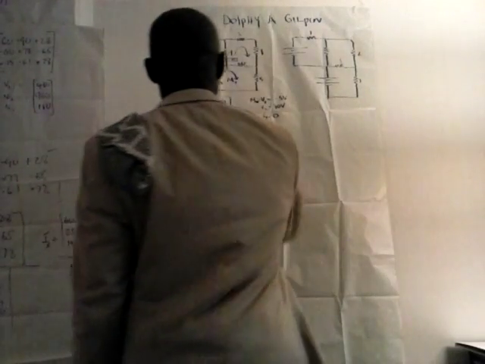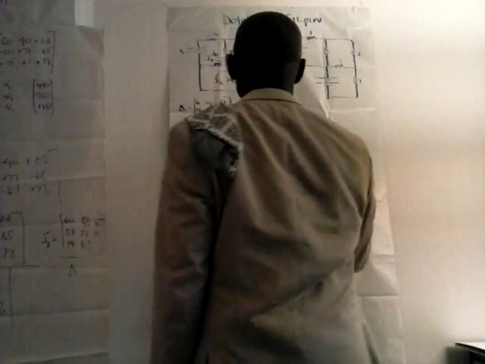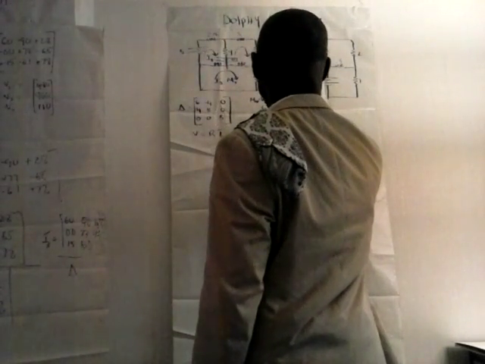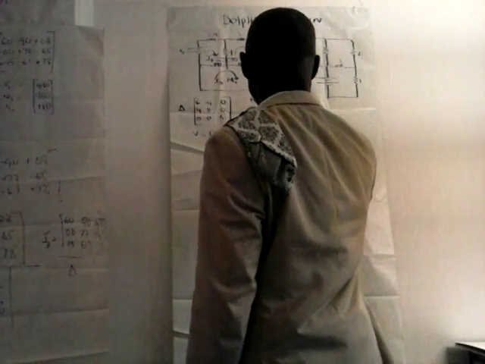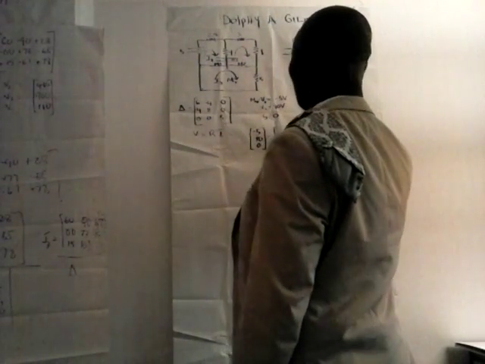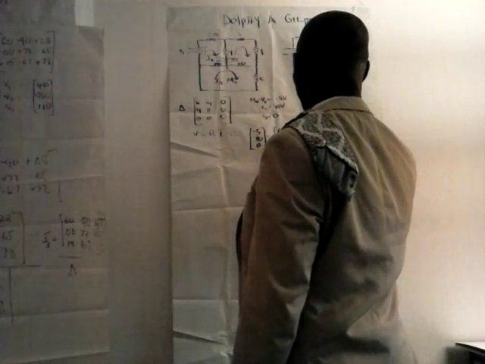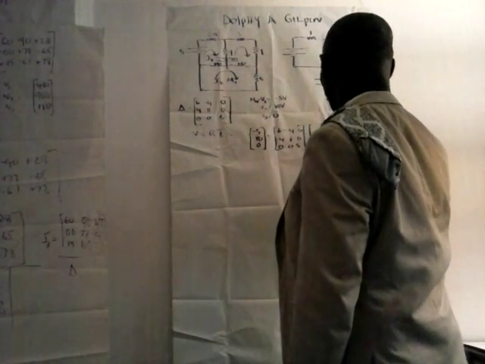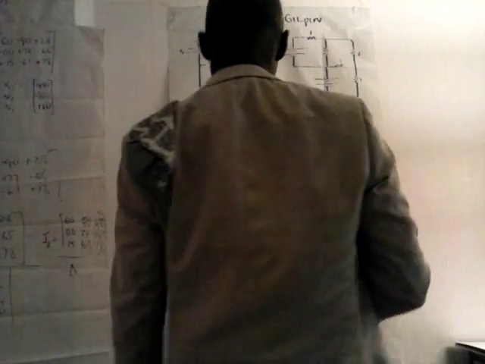So what we have here now is that using V equals Ri, we have now that minus 5, 10, and 0, which is the V, equals 6, minus 4, 0, minus 4, 8, 0, 0, 0, 5, times I1, I2, and I3, which are the unknowns.